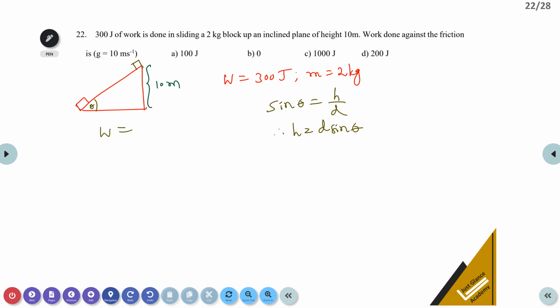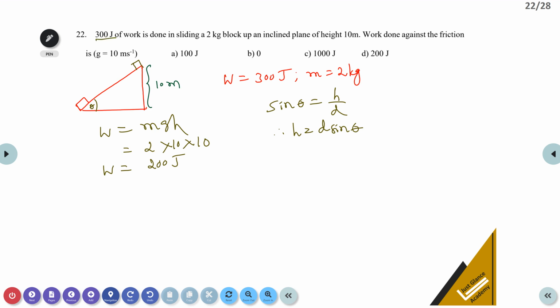Work done equals mg into h. Work done equals m, which is 2, g 10, and height 10, so work done is equal to 200 joules. Actually the work required from this point to this point is 200.